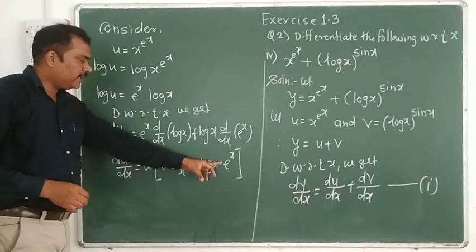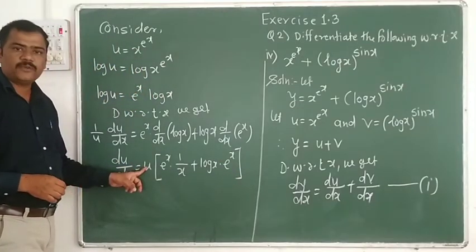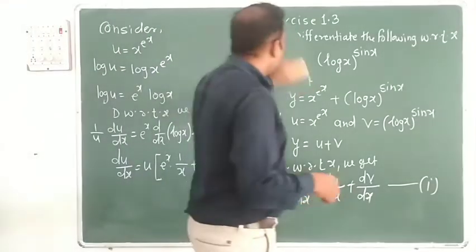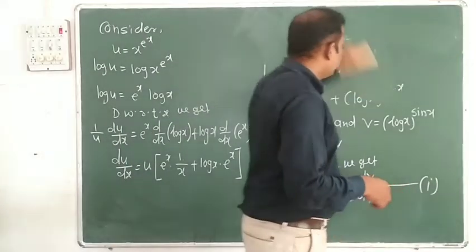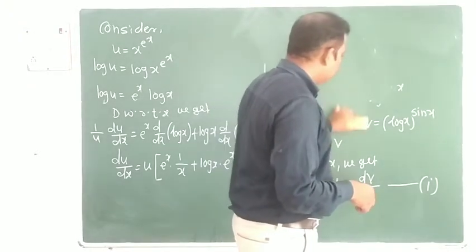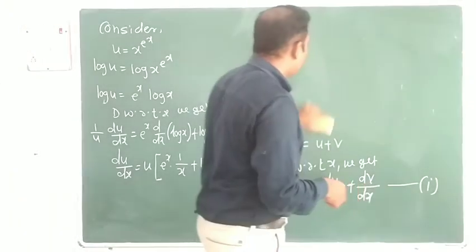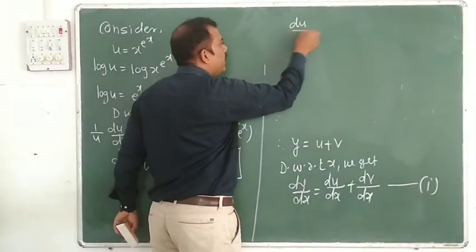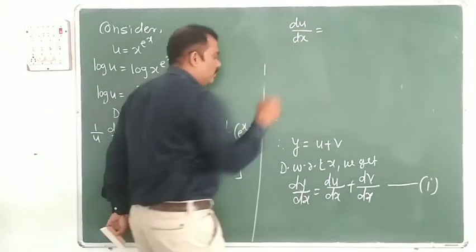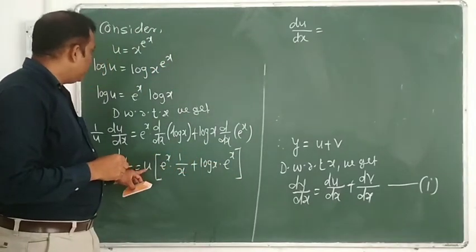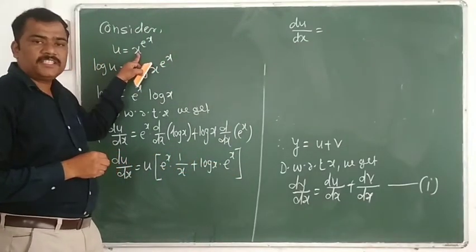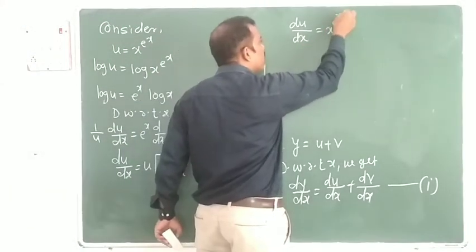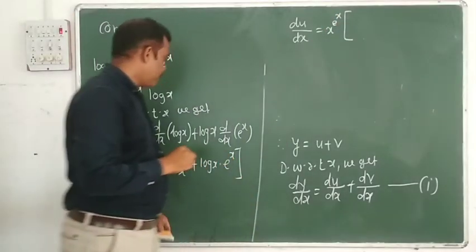From this we take e raised to x common, and also substitute the value of u. Therefore du by dx is equal to, what is the value of u? u is nothing but x raised to e raised to x, into bracket.